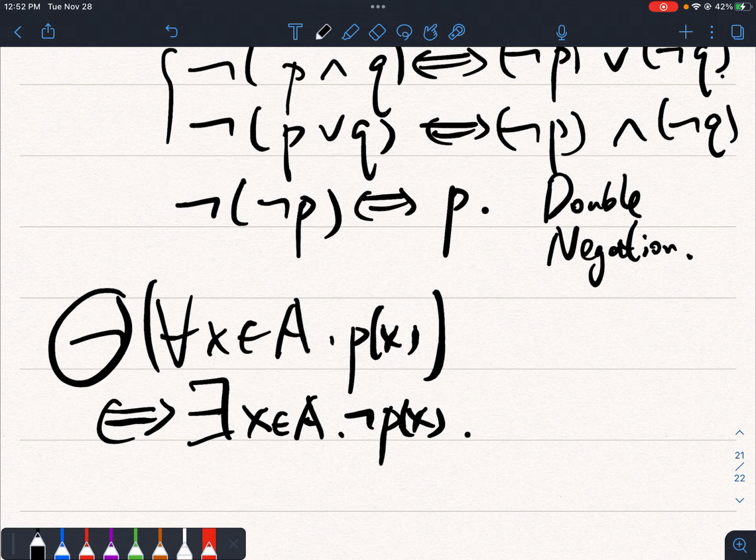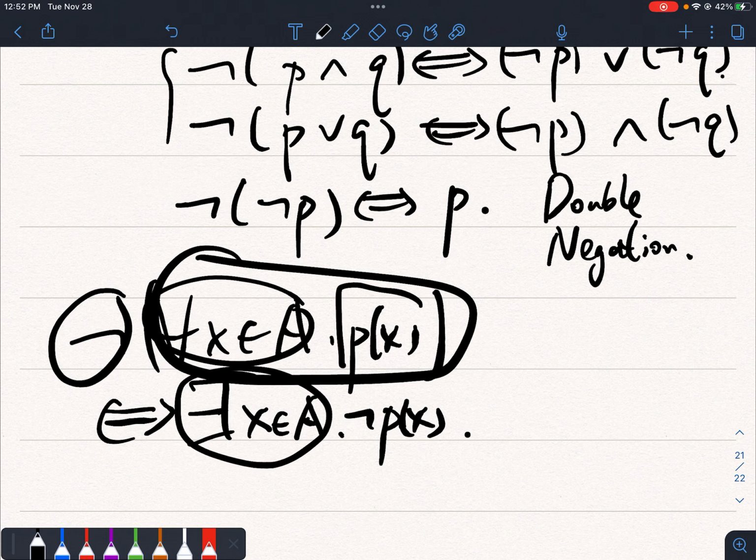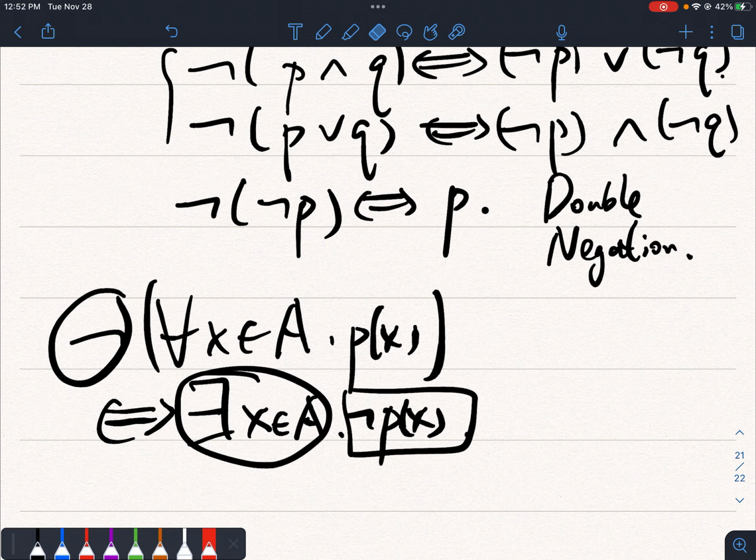If you want to take the negation of a for all statement, you change it into a there exists statement, and then you negate the statement after the quantifier.